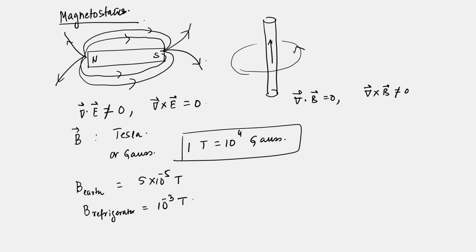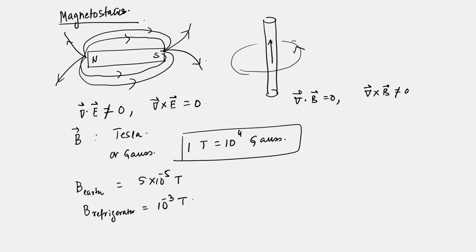Now, we are talking about current and the magnetic field associated with it. How do we know that there is a magnetic field associated with the current? If you keep a compass or an ammeter in the vicinity of a current carrying wire, it will show deflections, and this deflection shows that there is a magnetic field. If you switch off the current, the deflection will go to 0.